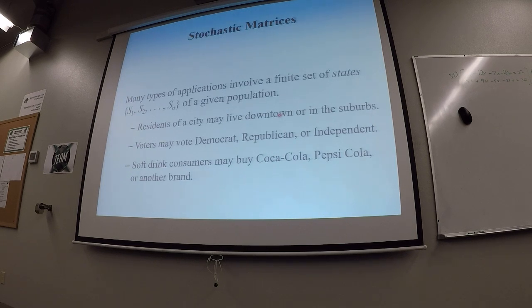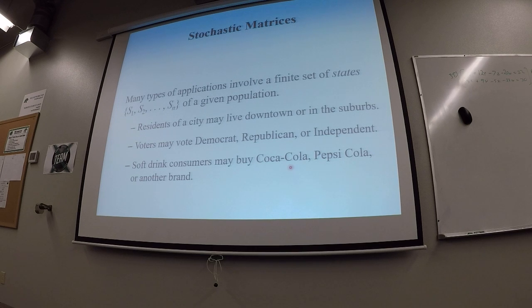We have stochastic matrices. Many types of applications involve a finite set of states. Residents of a city may live downtown or in the suburbs, right? Voters may vote Democrat, Republican, or Independent.